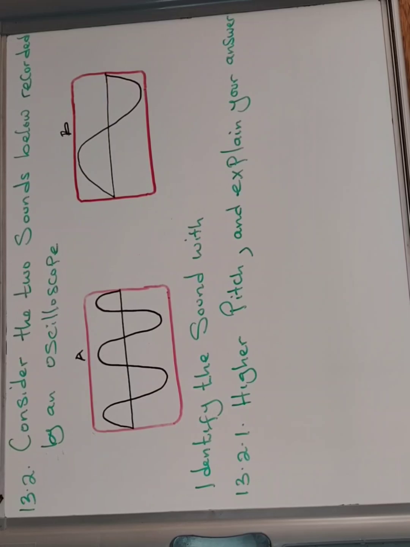The question says, consider the two sounds below recorded by an oscilloscope. Identify the sound with a higher pitch and explain your answer. So we are having the two sounds recorded. Our assumption is that the input for the x-axis is the same for both.